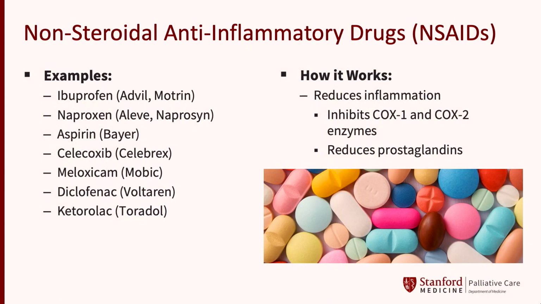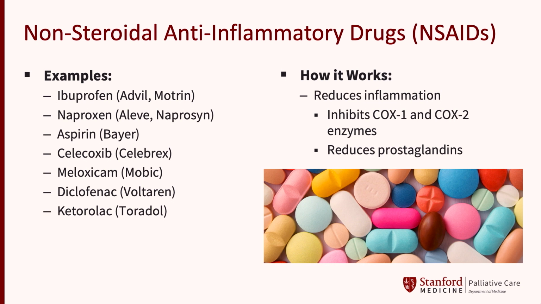Well, this helps to reduce some of those substances in our body that cause pain. And in particular, these enzymes called the COX-1 and COX-2 inhibitors. It inhibits those enzymes. And it also reduces prostaglandins, which are very pro-inflammatory in the body. So think of your NSAIDs as an anti-inflammatory medicine.